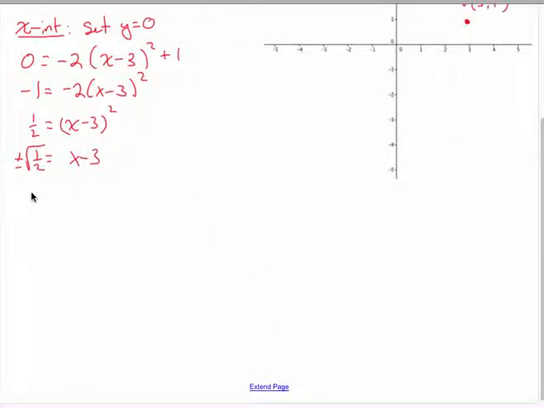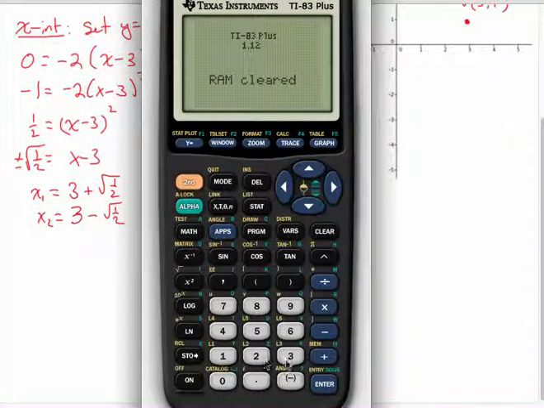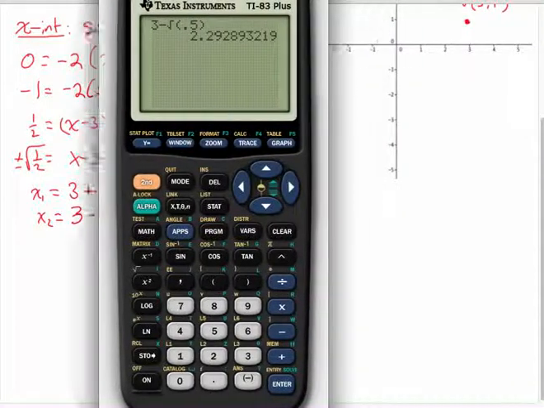And that leaves me with one of my x-intercepts being 3 plus the square root of 1/2, or 3 minus the square root of 1/2. And if you were to do this in your calculator, then we would see that 3 minus the square root of 1/2 is about 2.3.